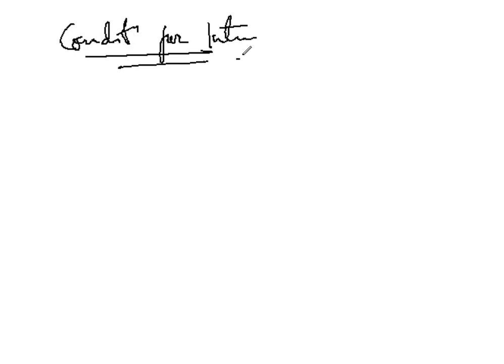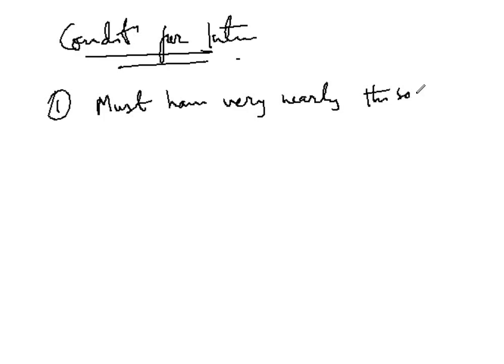I have been repeatedly, you will remember, telling you that we are considering two beams of the same frequency. So the important point is that they need not have exactly the same frequency. But the important condition is that they must have very nearly the same frequency.